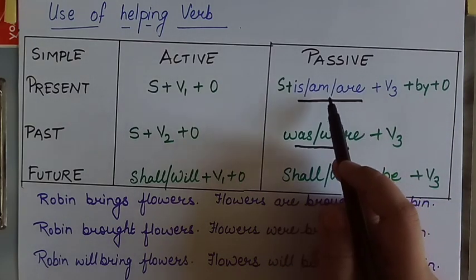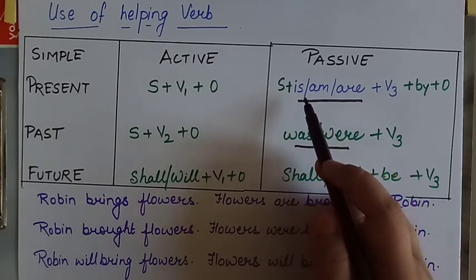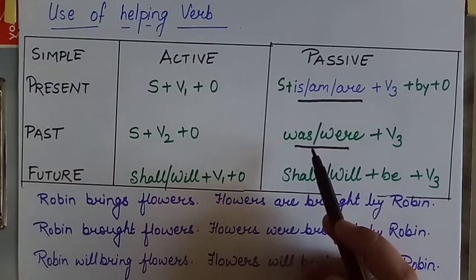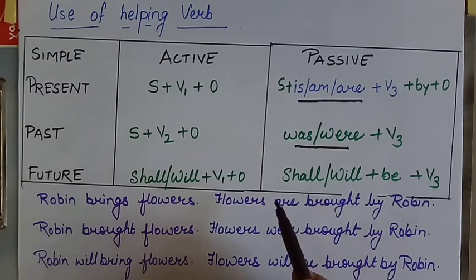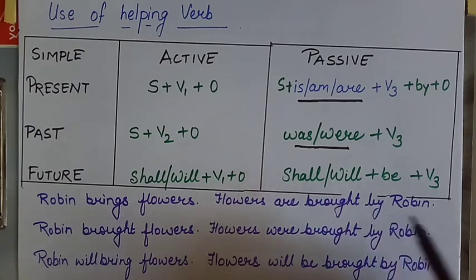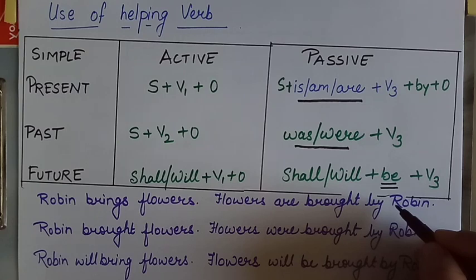The difference will be: if it is simple present tense, we will be adding is, am or are depending upon the number of the subject. If it is past tense, we will be adding was, were. If it is a future tense, with shall or will, we will be adding a new word, be. The new word be will be added here.